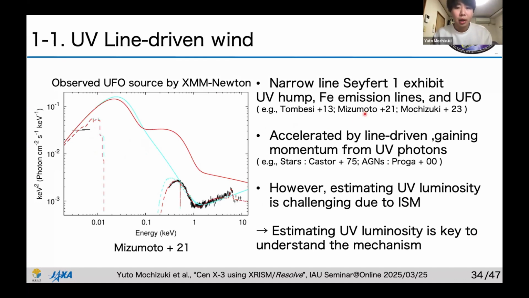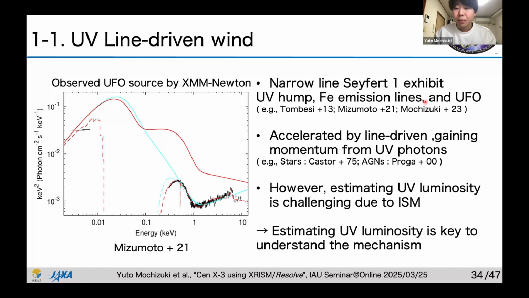I will start with AGN. Narrow-line Seyfert 1 galaxies exhibit a UV hump like this one, and we cannot observe this range, but this one, from the accretion disk, and iron emission lines from the disk or outflow, and ultrafast absorption lines originating from the ultrafast outflows.